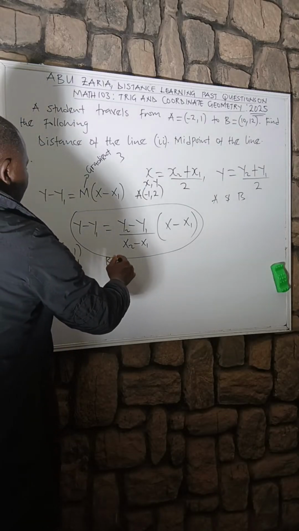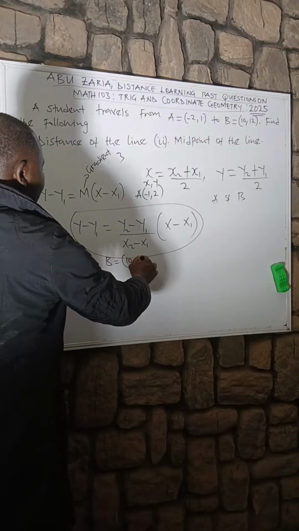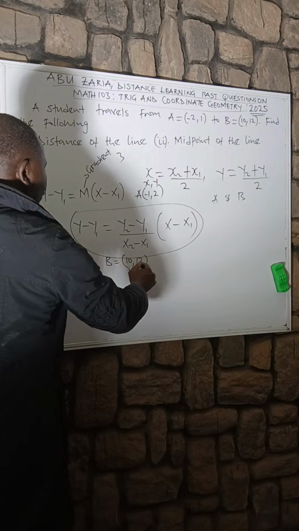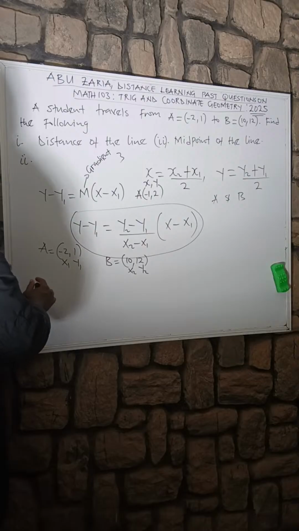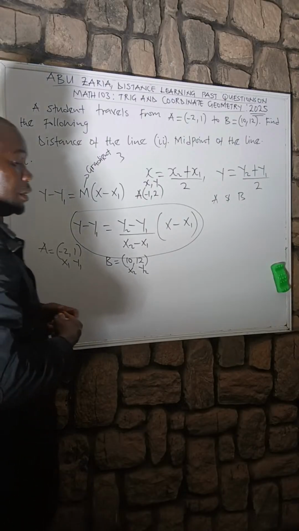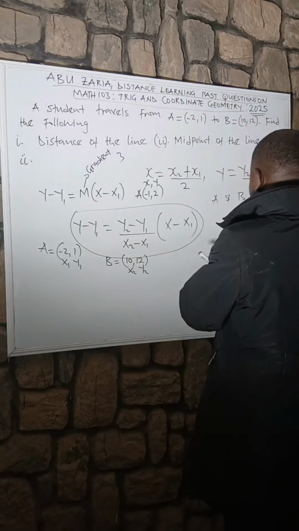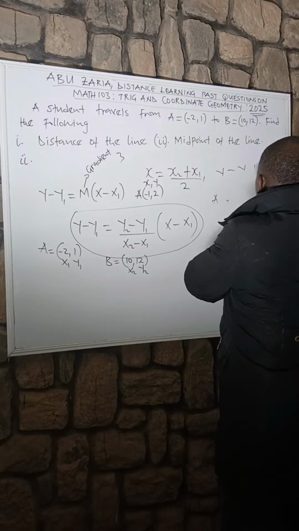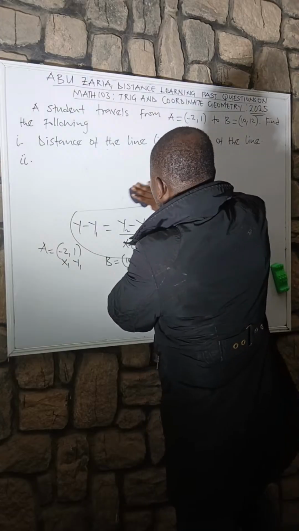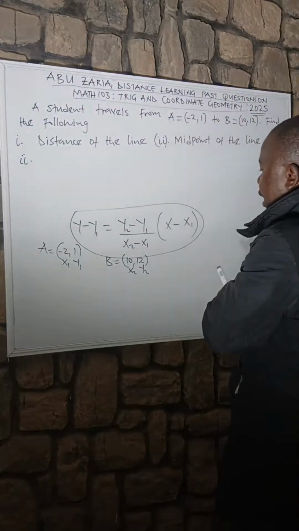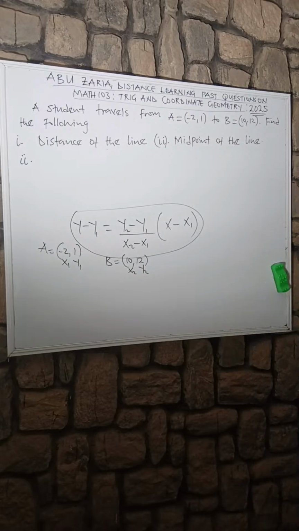Then B equals (10, 12). This is our x2 and y2. True or false? So here we can now apply the formula.